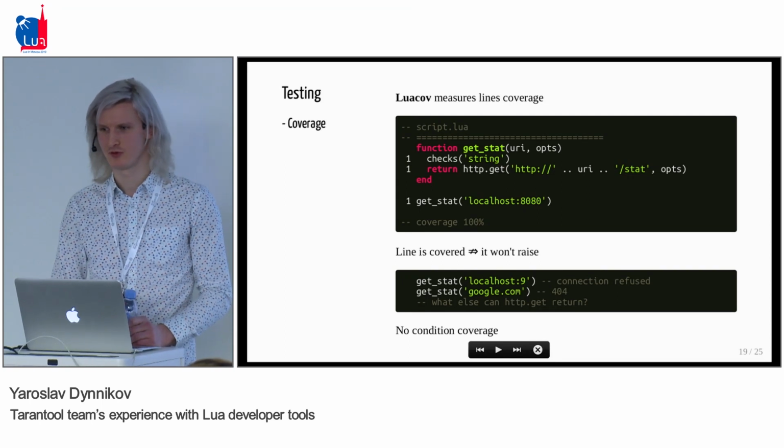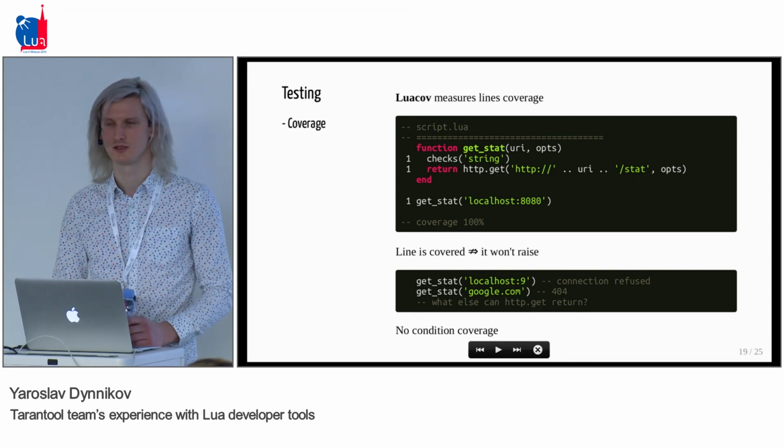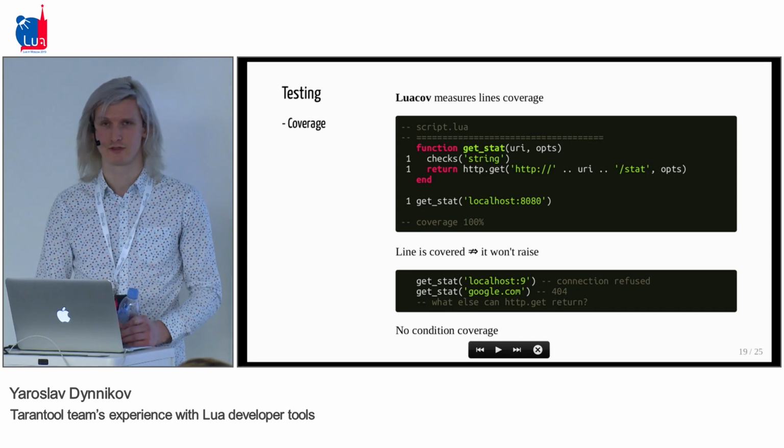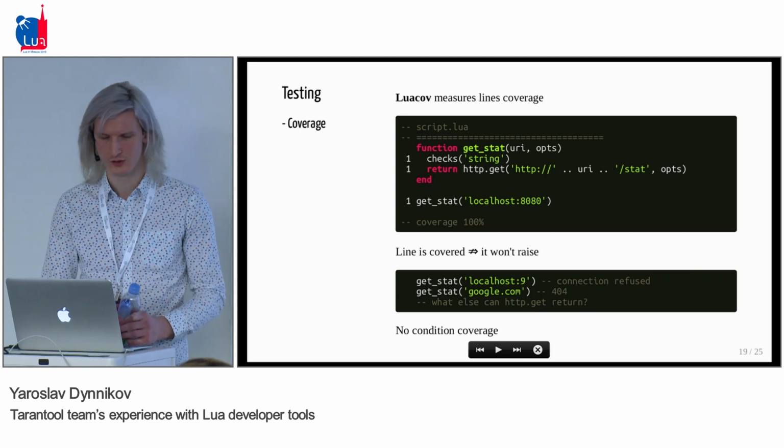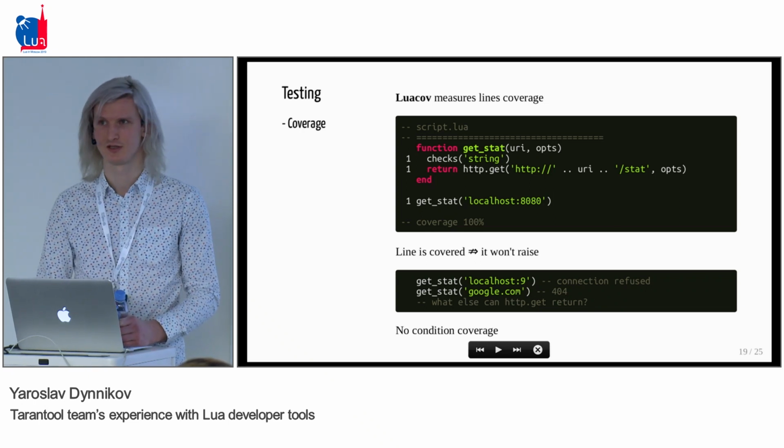This is the problem of unit testing, but the idea is that coverage won't show you that there is a problem. Only a close look of a developer can tell that there is something wrong here.